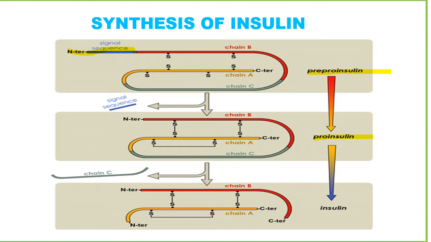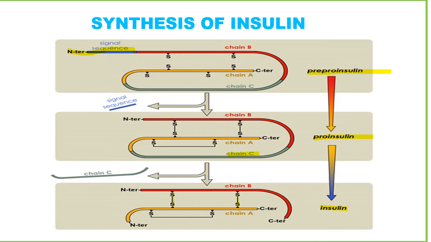In proinsulin, as you can see, chain A and chain B are both connected to chain C. Further there is cleavage of the chain C leading to the formation of the mature form of insulin. Chain A and chain B are only connected to each other through the two disulfide bonds.